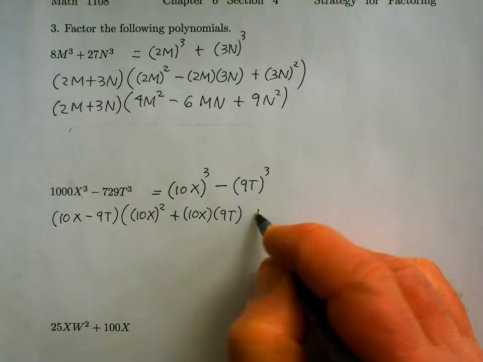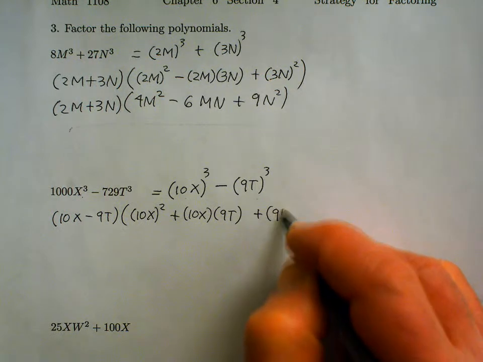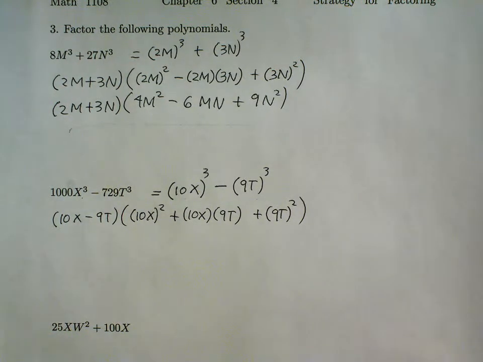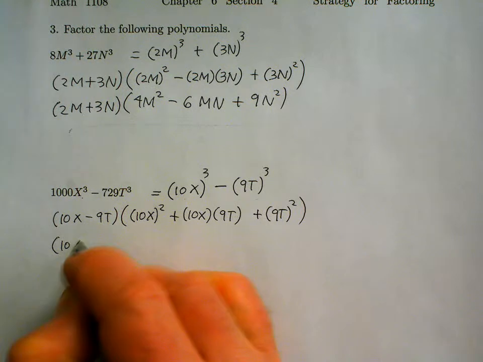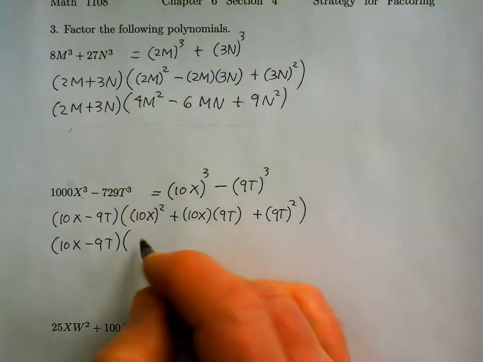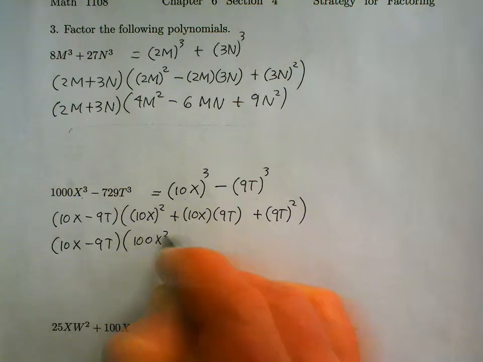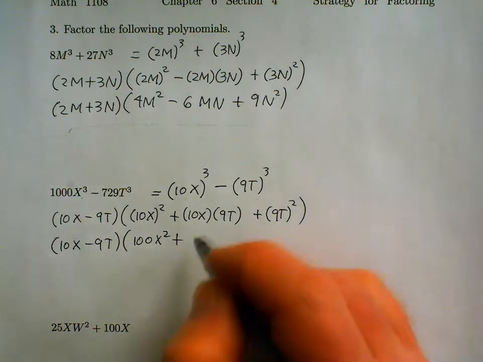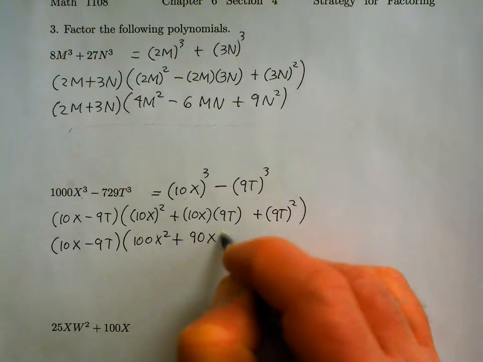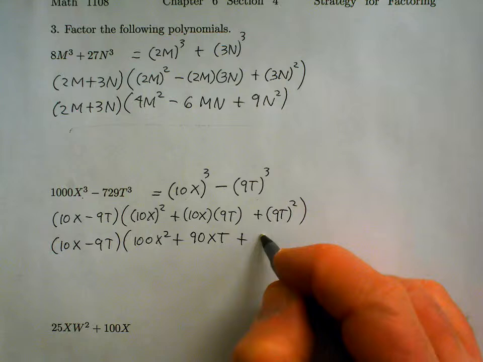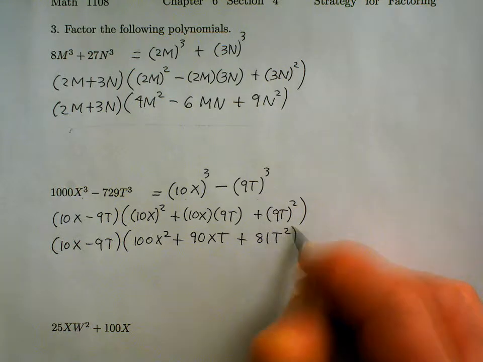And the third term is plus the term 9t squared. Okay, we'll simplify a little bit further. When we square 10x, we get 100x squared. And when we add 10x times 9t, that's the same as adding 90xt. And then when we square 9t, we get 81t to the second.